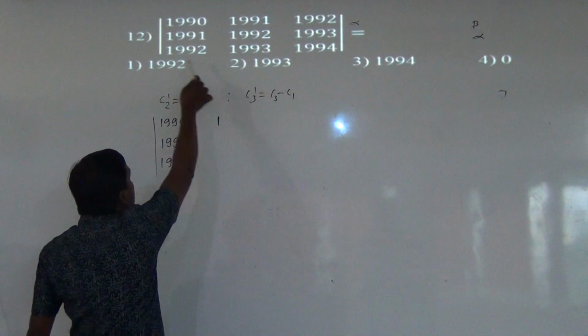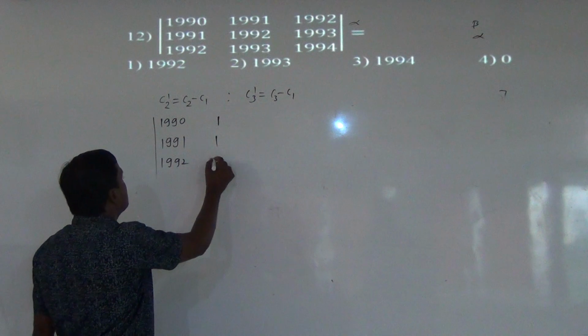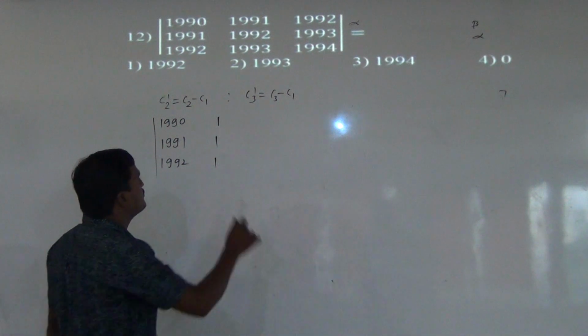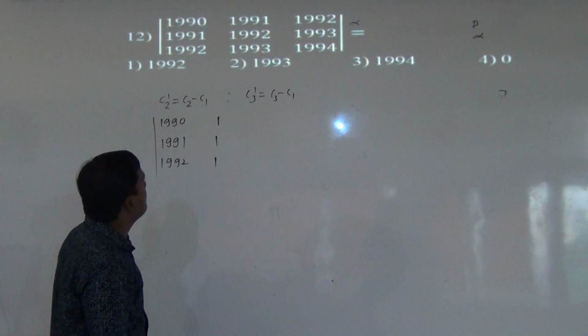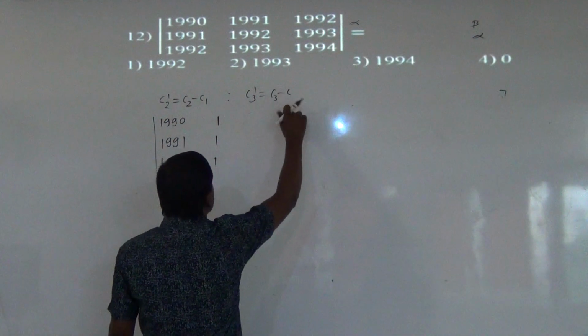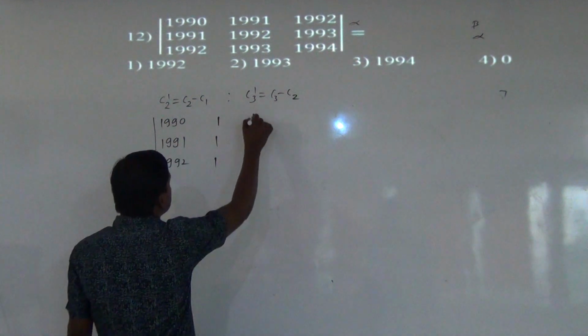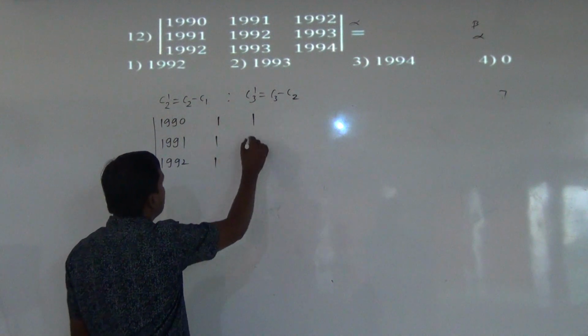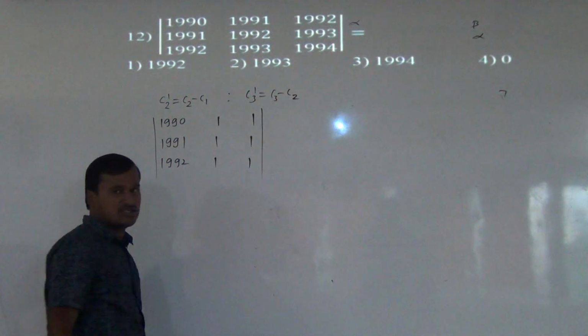Then here 92 minus 91 means 1. 93 minus 92 means 1. Next, C3 dash equal to C3 minus C2. 92 minus 91 means 1. 93 minus 92 means 1. 94 minus 93 means 1. So you got like this.